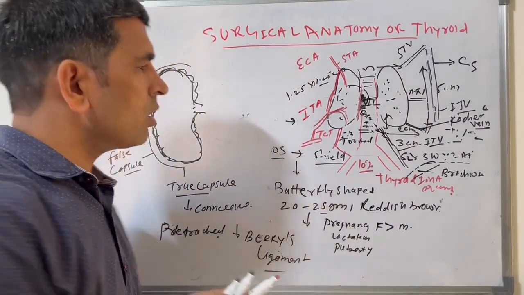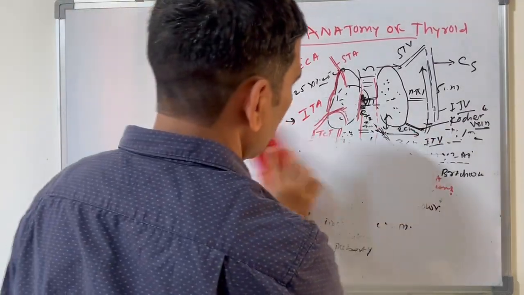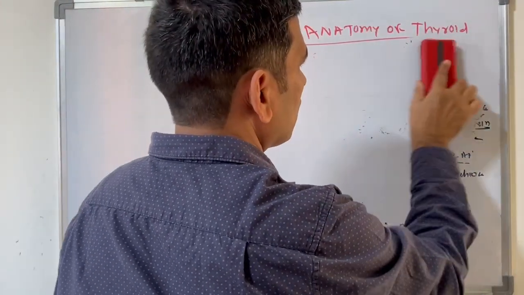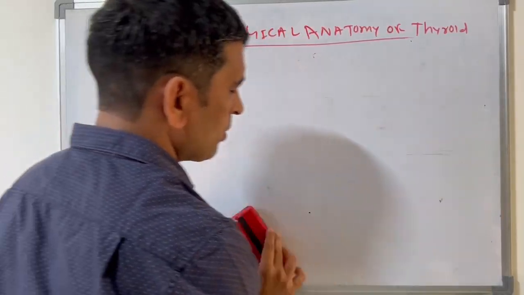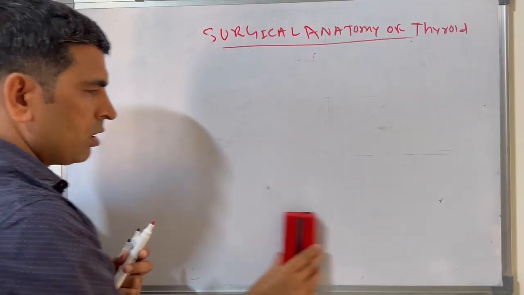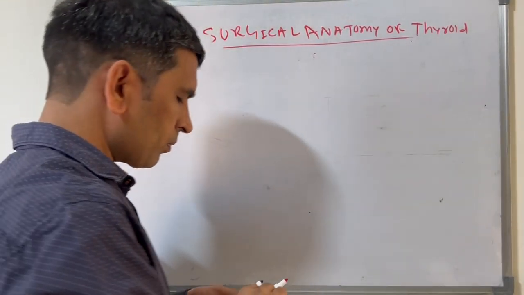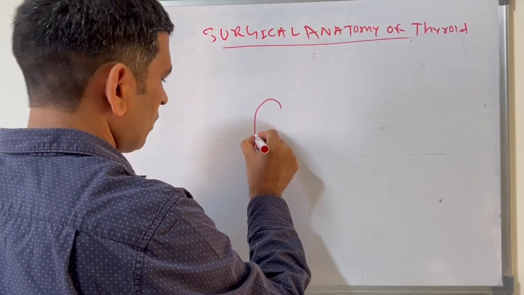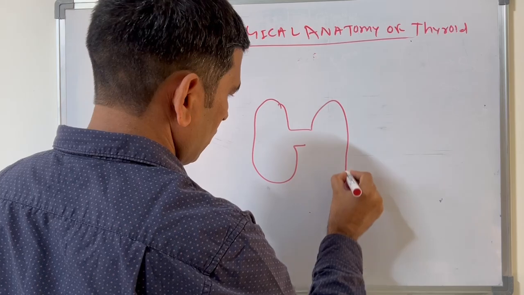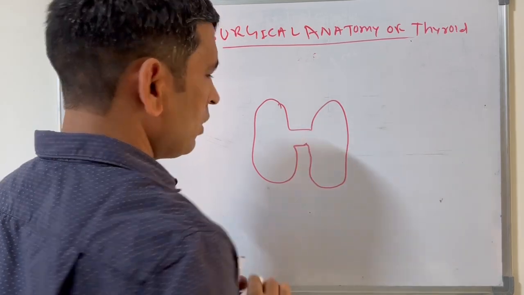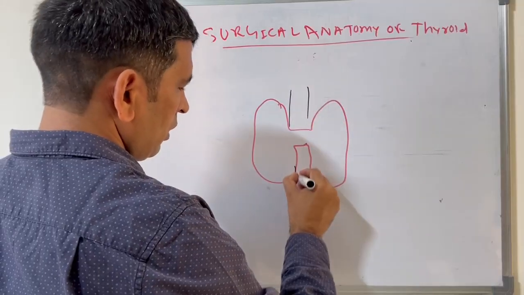Now some relationships of this thyroid gland, very important for the dissection of the thyroid. That's why these relationships are very important. This is the thyroid and this is the trachea.